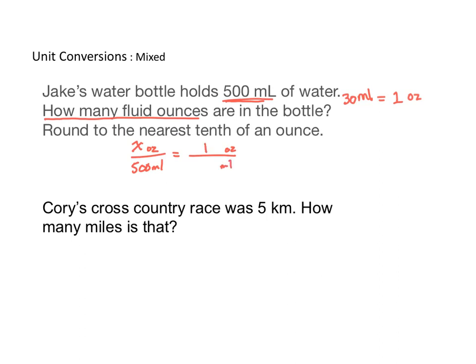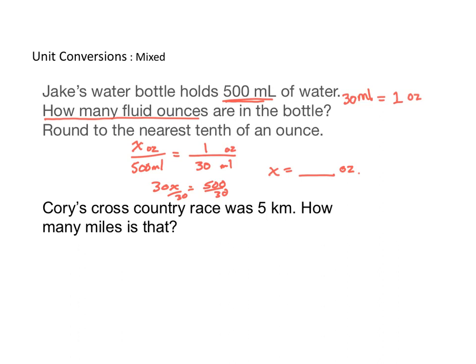So that would be 1 ounce for 30 milliliters. And then when we cross multiply, it'll be 30 times x and 500 times 1. And then we'll have to divide by 30. And after you do that, be sure you label your answer, round to the nearest tenth. So whatever that is going to be ounces. Okay.